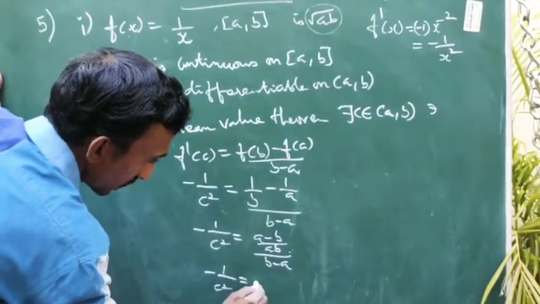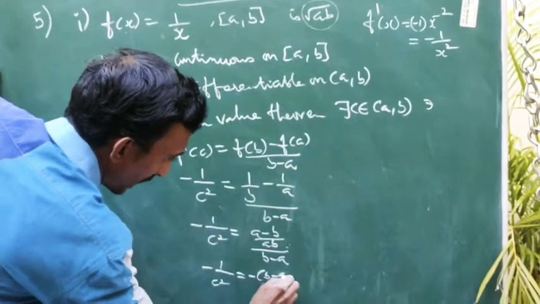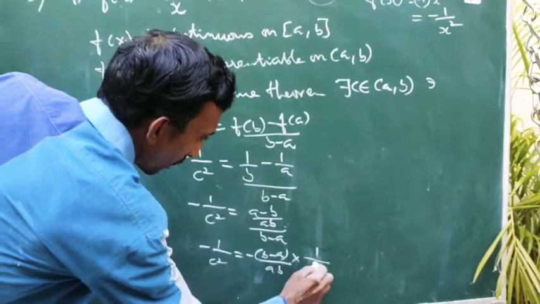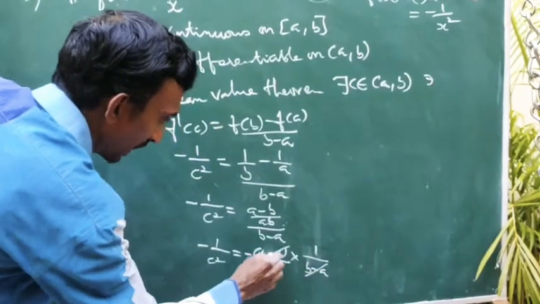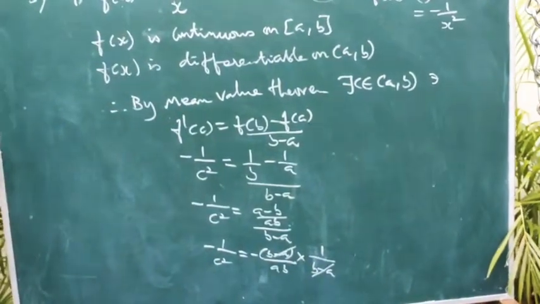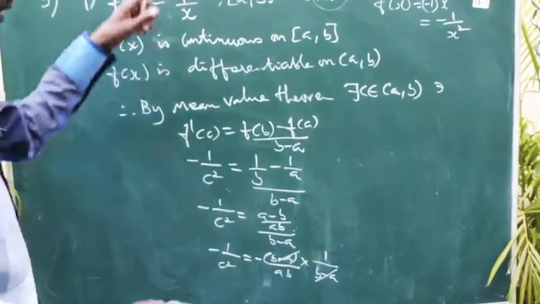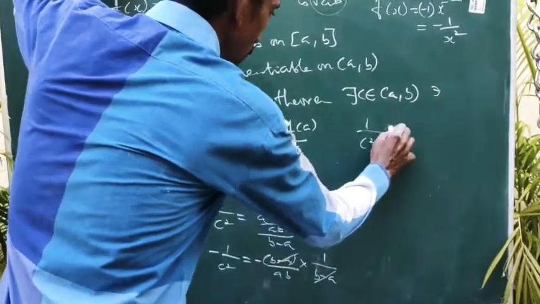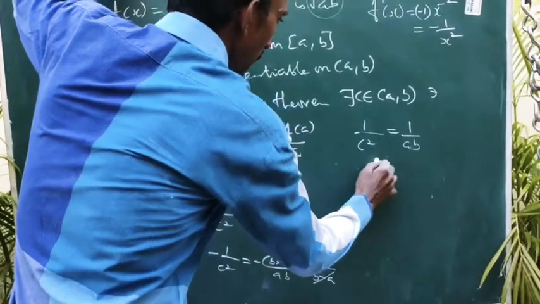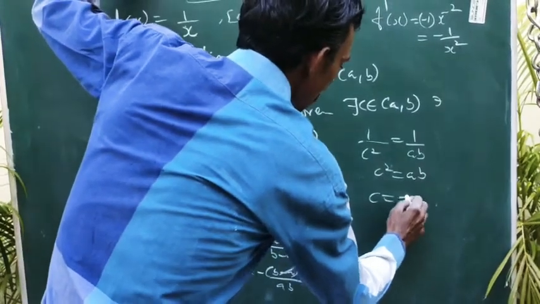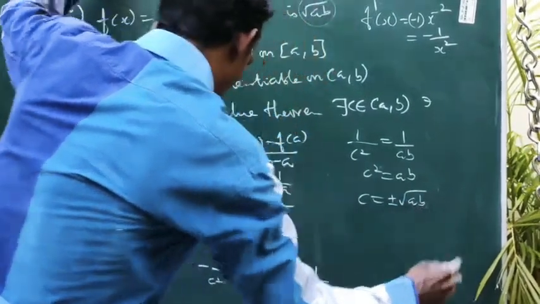So take minus outside, minus b minus a by ab into 1 by b minus a. B minus a cancel. Okay. So the minus becomes plus. So we are getting 1 by c square equal to 1 by ab. So c square equal to ab. C equal to plus or minus root of ab.